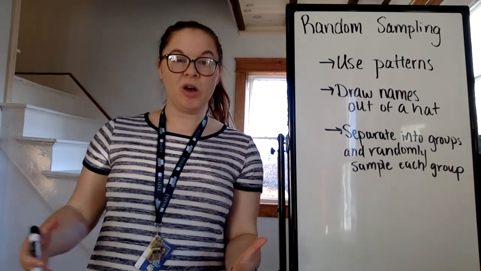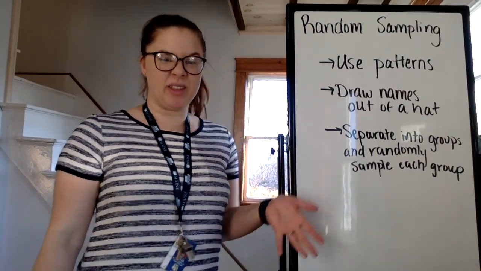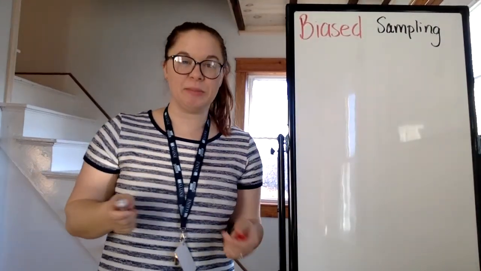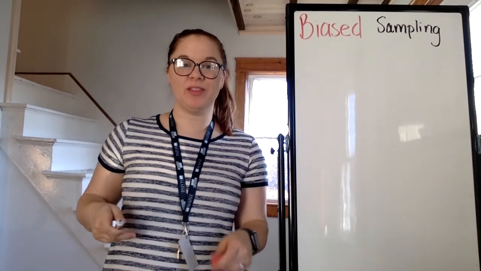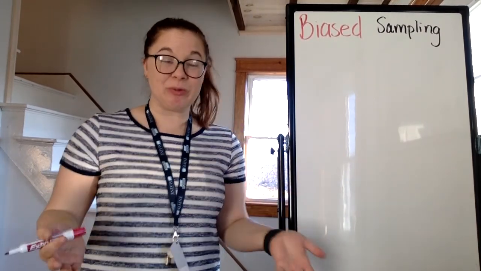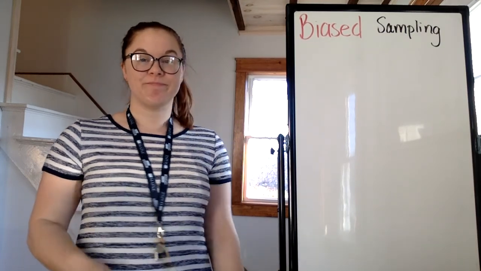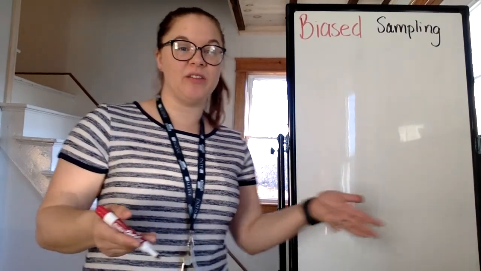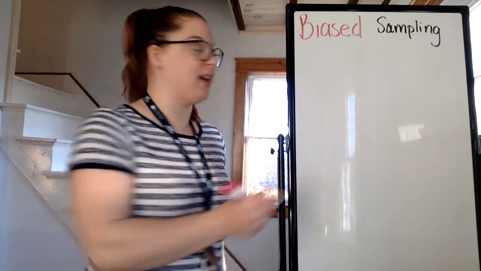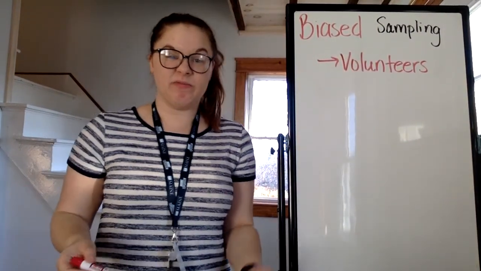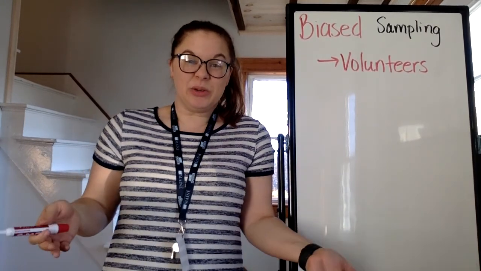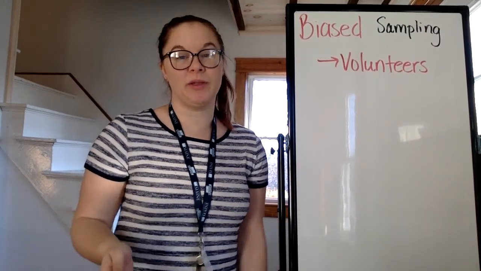I think it's important that we also take a look at some sampling methods that would give you a biased sample. These are some biased sampling methods, and I'm writing in red so that we remember that these don't work. These are going to give you a sample that doesn't represent your population. An example of biased sampling is getting people to volunteer to take a survey. Just asking people to volunteer to answer your statistical question is not going to give you a good sample of your population.